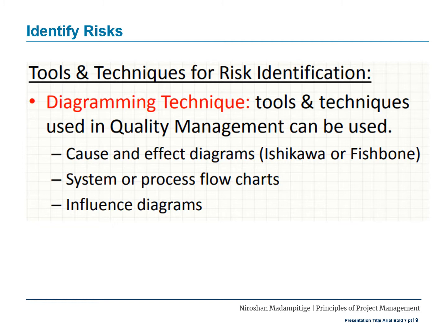Diagramming technique. Tools and techniques used in quality management can be used in order to identify the risks as well. Cause and effect diagrams, system or process flow charts, and influence diagrams. They all can be used to identify the risks.